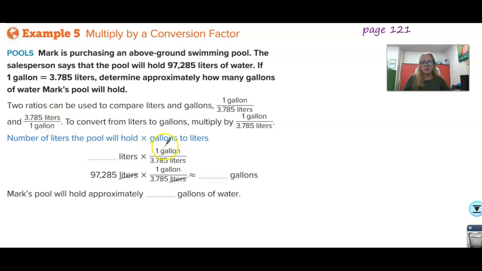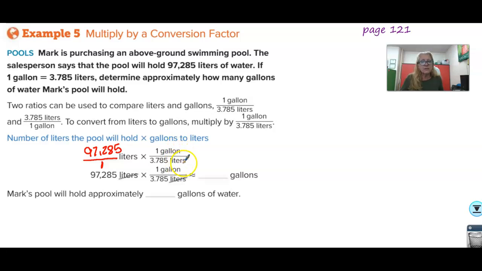Okay? Now here's how we're going to set it up. Since we're starting with liters, I guess you would put, it holds 97,285 liters, okay? Think of this as a whole number. So this is like in the top of the fraction. When we choose which conversion factor we're going to use, we want to use the one that will cancel out liters and leave us with gallons.